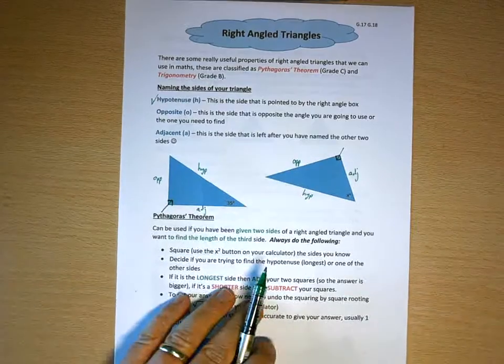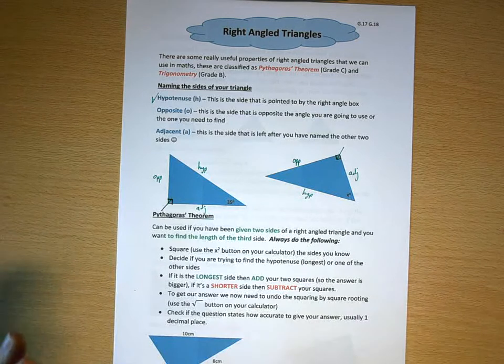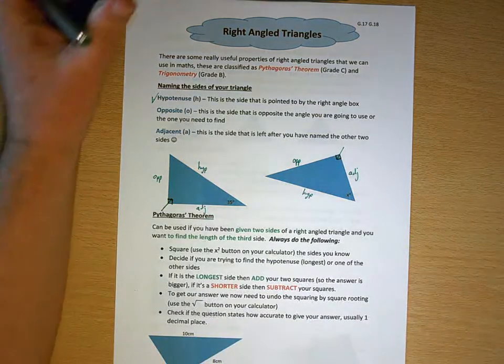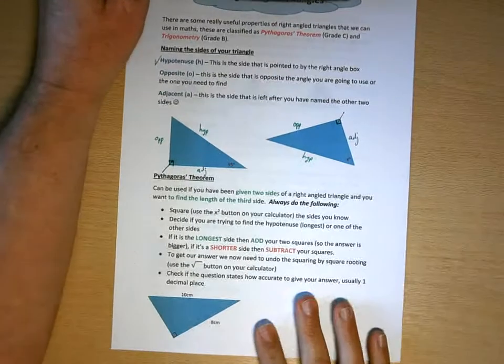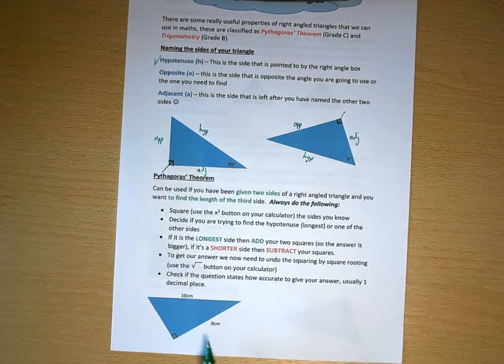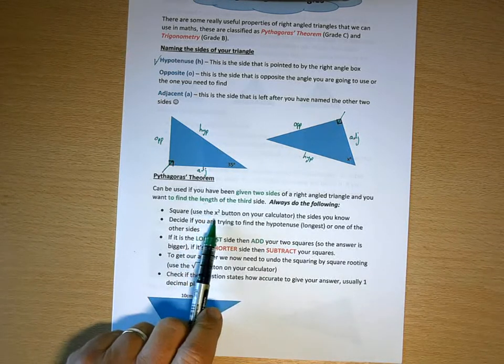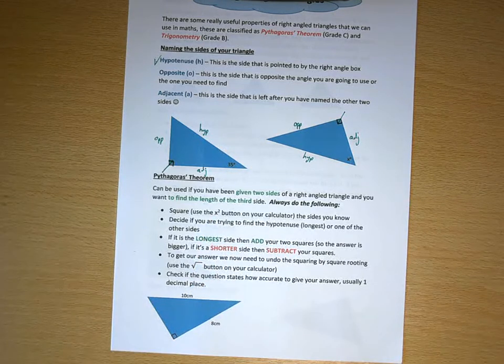When we come to Pythag, again, I'm not going through the whys it works or how it works. I'm just giving you a process to deal with, which is easy to remember, to enable you to access these questions on an exam paper. So the first thing to do is to square the sides you're given. So if it's on a calculator allowed paper, you can use the x squared button to square.